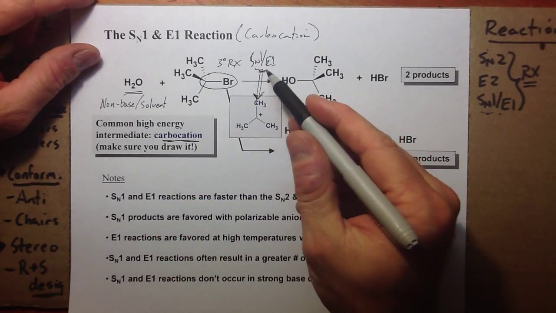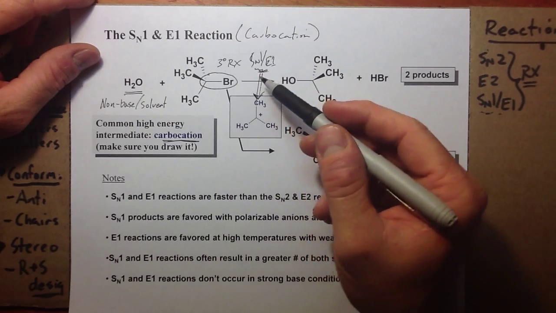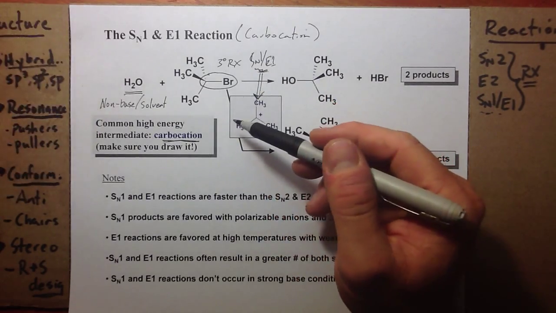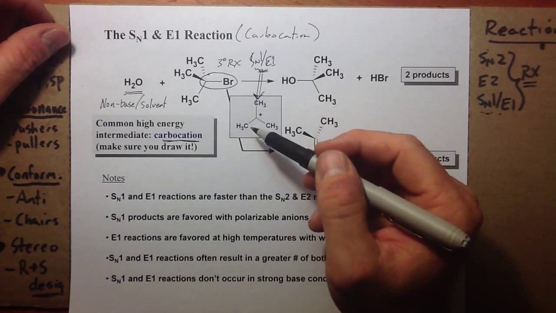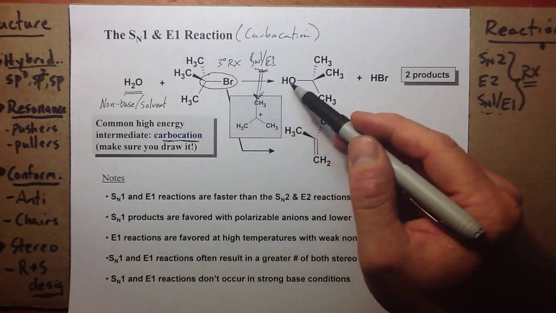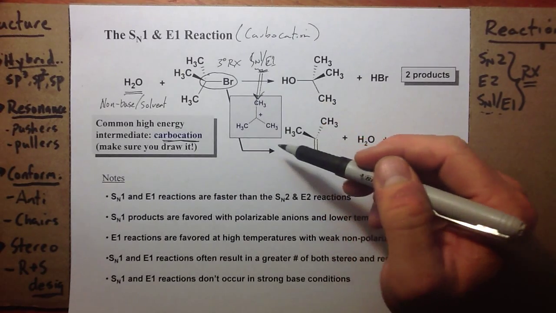Just remember to draw it every time you write down SN1 E1 conditions for whatever reaction you're considering. Go to the carbocation. So we've done that here, and for either SN1 or E1 we have to go to this carbocation.